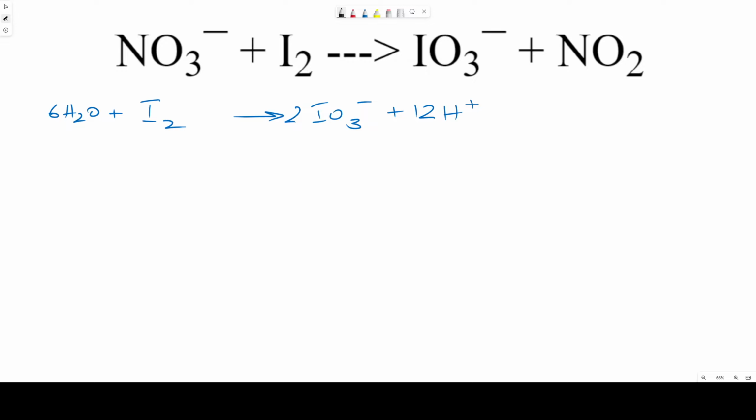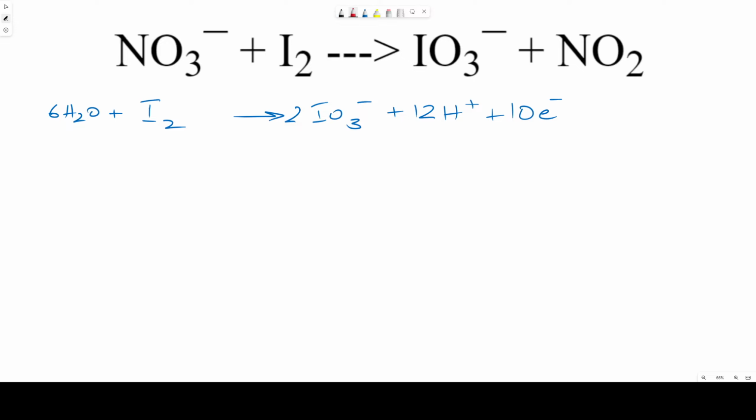Here on the left hand side, I have a net charge of 0. On the right hand side, I have a positive charge of 10. Just don't forget the 2 over here makes it so that I have 2 negative ions, plus the 12 hydrogens has given me a charge of 10 plus. To remove all of that, I will have to add 10 electrons on the right hand side. So this half reaction has been balanced.